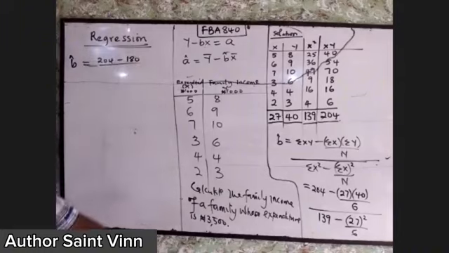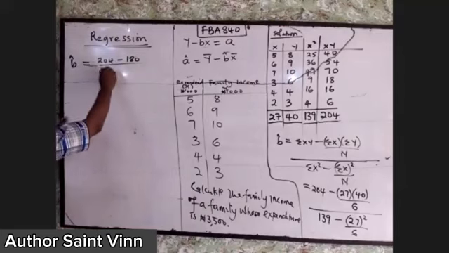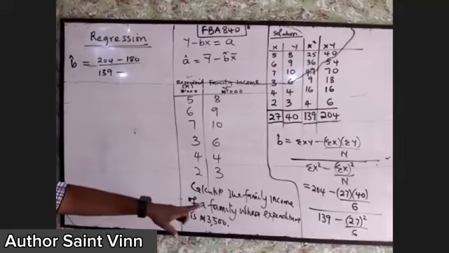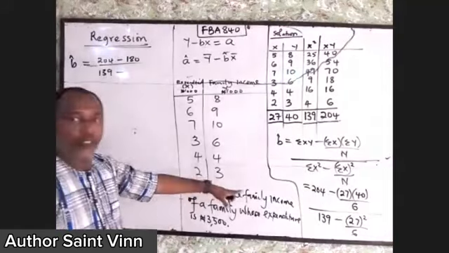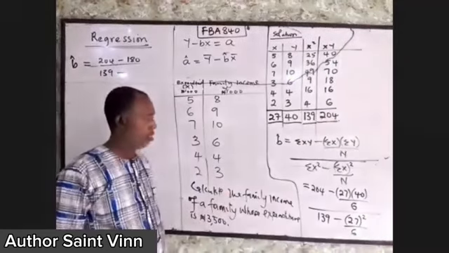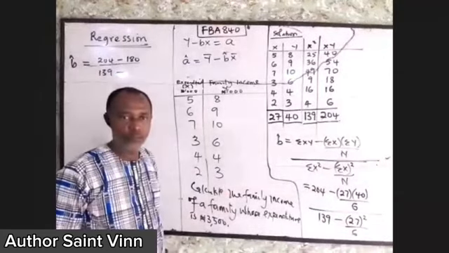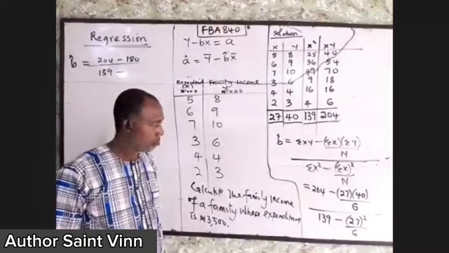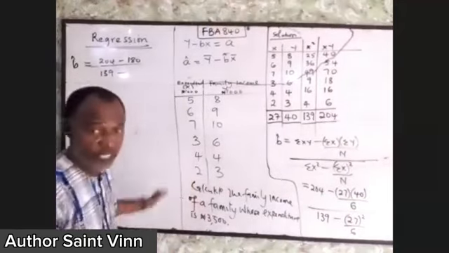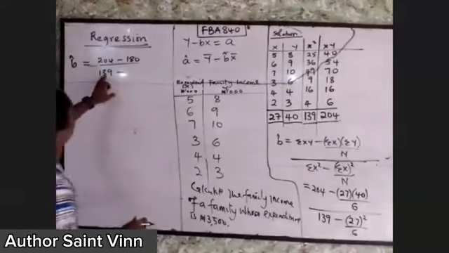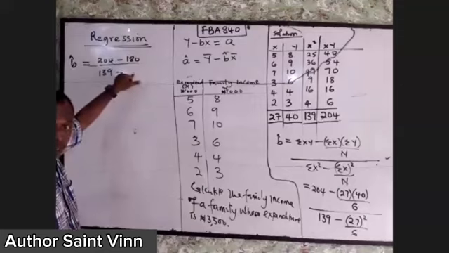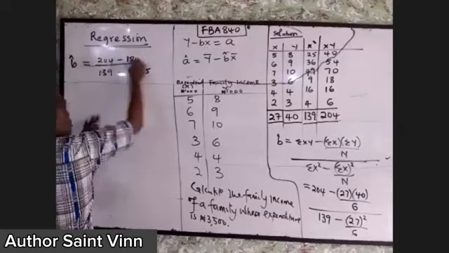The down one, 139, minus 27 squared over 6. Okay, the answer is 121.5. This is the result now, right?